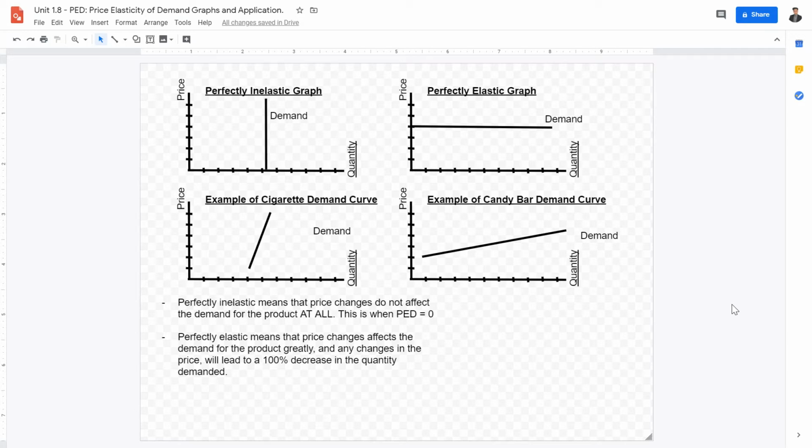So, what is an example of a highly inelastic good? Cigarettes is an example. If paper 2 or paper 1 asks you to give examples of highly price inelastic goods, then give cigarettes. Oil is also another highly price inelastic good. Just imagine this.